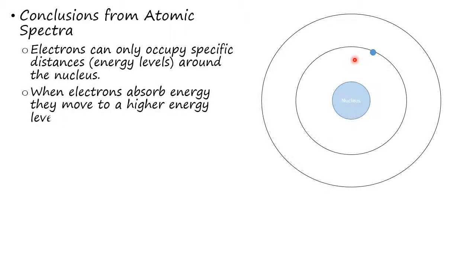Okay. So when an electron absorbs energy, it moves to a higher energy level. So energy going into this electron will move it to the higher energy level. But the electron cannot stop anywhere in between these two energy levels. It is immediately promoted to this next energy level, and this is called the excited state.